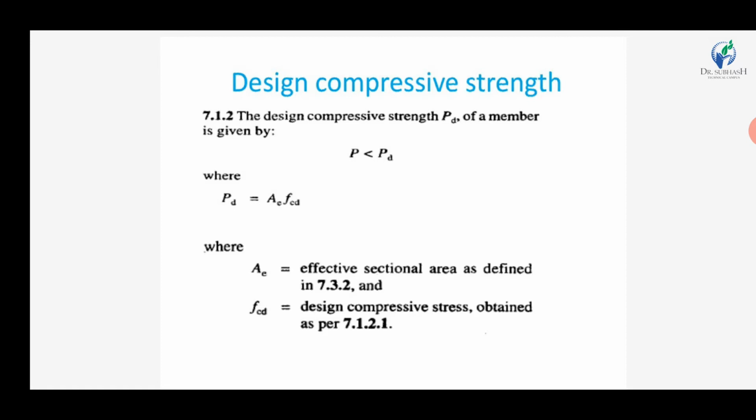Imperfection includes the material not being homogeneous and isotropic, eccentricity of load, and geometry of the column.